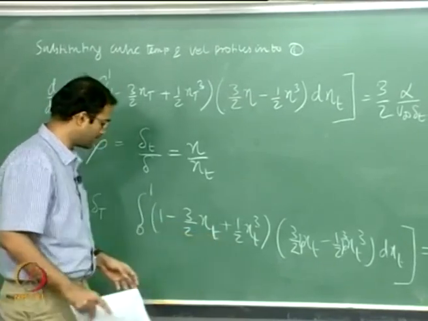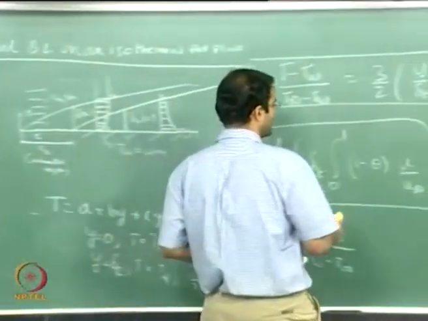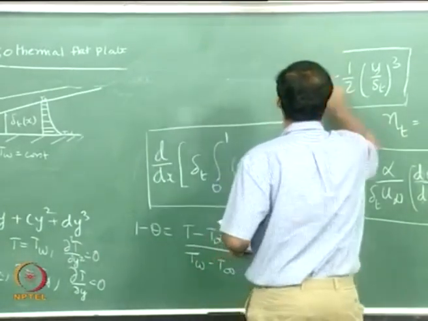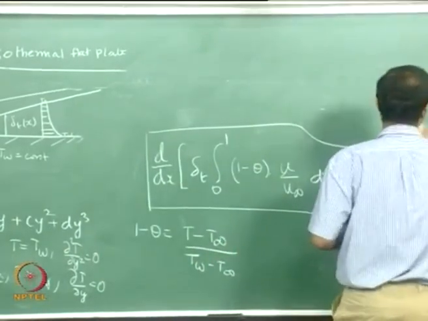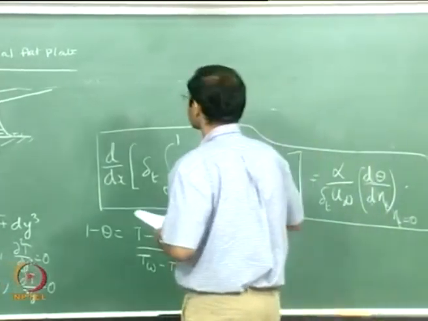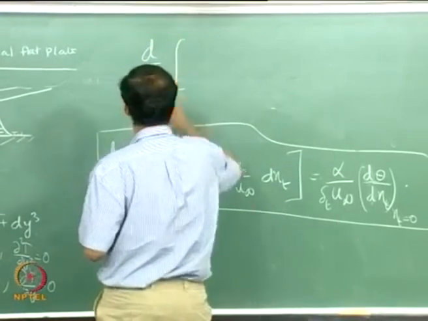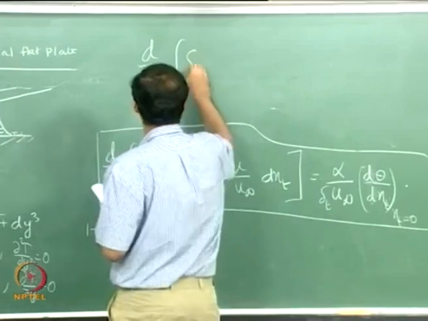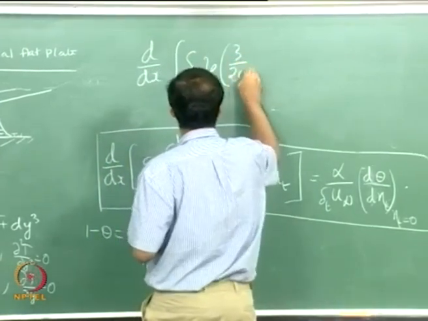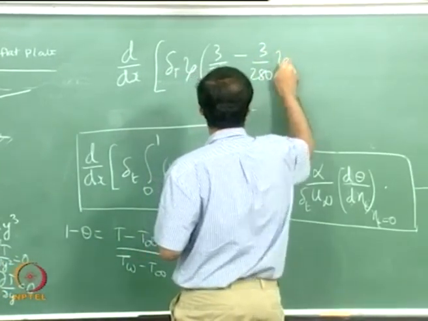Okay, so if you do that, I am not now going to do it step by step, but this should come out to be d by dx, and delta t, if you take zeta common, this should become 3 by 20 minus 3 by 280 zeta square.